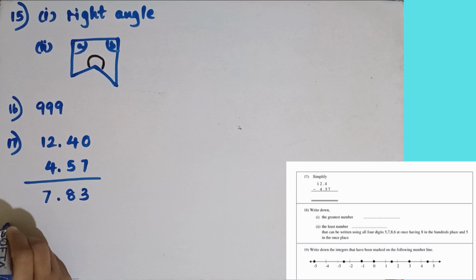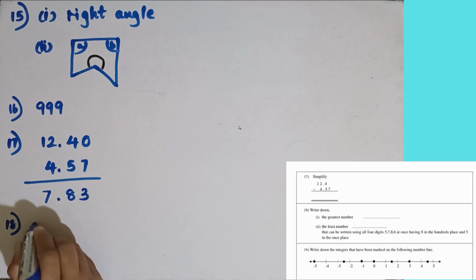Then question number 18. Write down the greatest number. Second part, the least number that can be written using all 4 digits 5, 7, 8, 6 at once, having 8 in the hundreds place and 5 in the ones place.